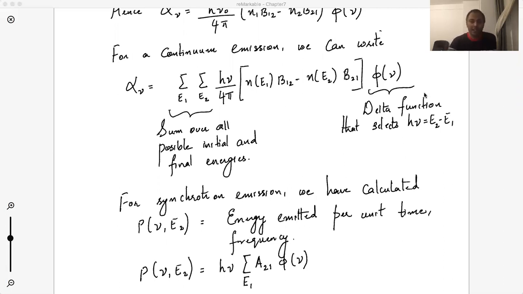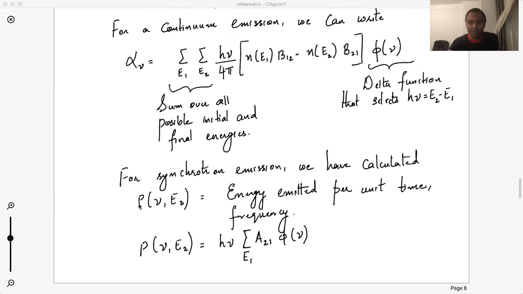Okay, so I'm going to call the quantity we calculated capital P here. That's the energy emitted per unit time, per unit frequency. So I'm going to call it P of nu. That's the energy emitted at frequency nu by an electron that's at energy E2.